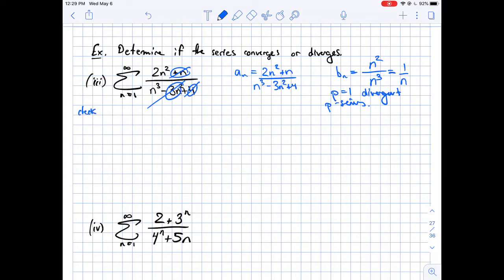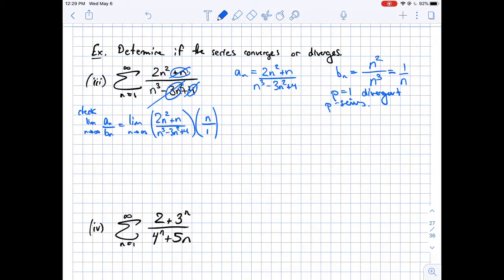So we're going to check what is the limit as n approaches infinity, an divided by bn. And so an, we can write that in. We have 2n squared plus n divided by n to the 3 minus 3n squared plus 4. And here we're going to multiply by the reciprocal of bn, which is just n over 1, or just n.